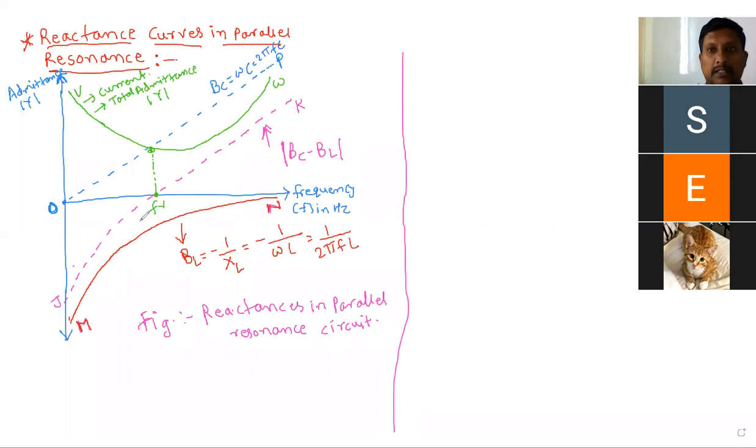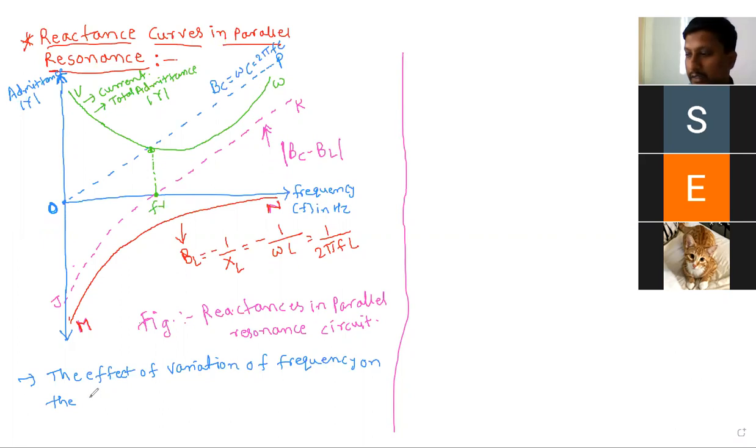So we can start the explanation now. Explanation means you have to describe it. So the effect of variation of frequencies on the different reactances in a parallel resonance circuit is shown in the figure.